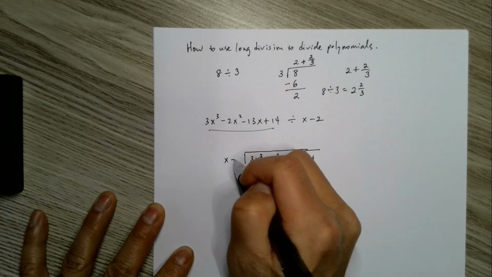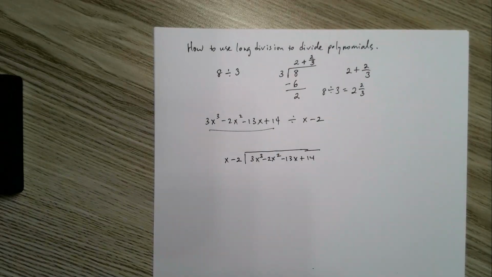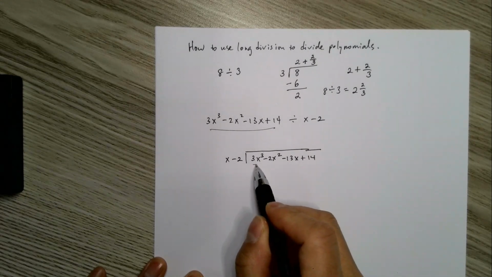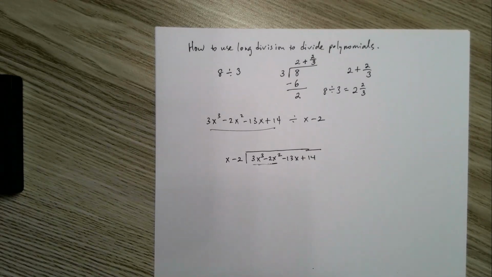And x minus 2 goes on the outside. So now I'm going to ask myself, how many x minus 2's fit into the first 2 terms of that polynomial?